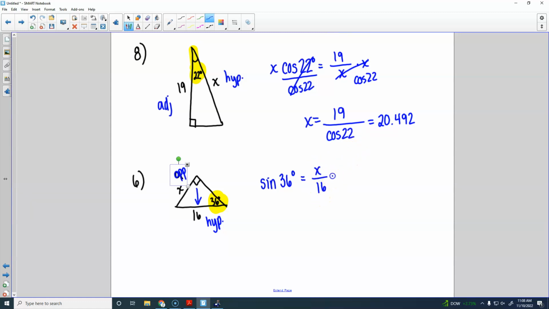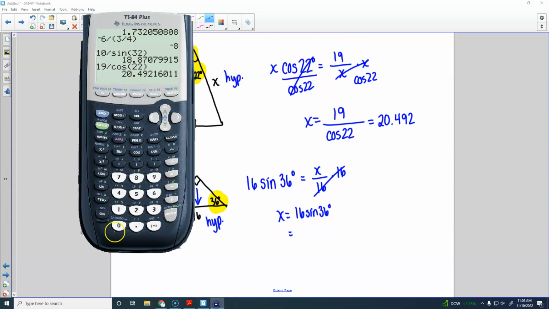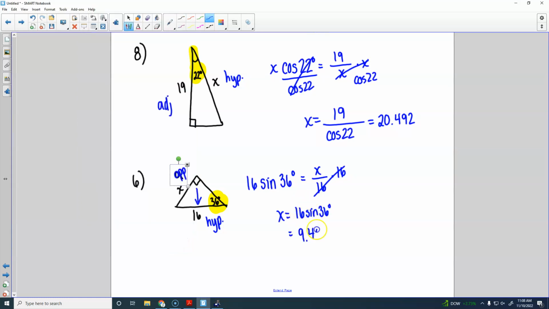The only thing we've got to do to get rid of that 16 is just multiply both sides by 16. So x is going to be 16 times sine 36, which we are going to do by typing that into the calculator. And we should get 9.405. Or it's going to be rounded to 9.4 on the answer key.